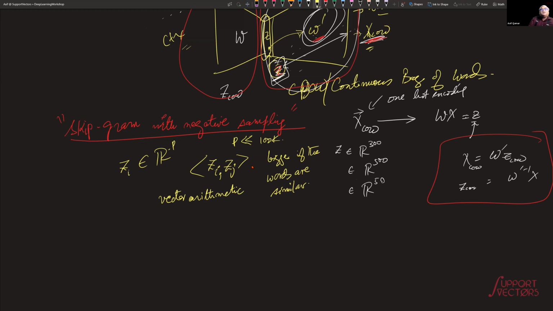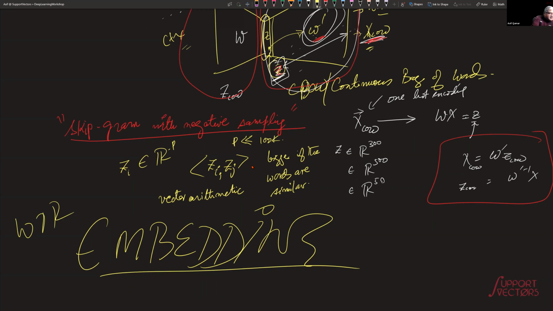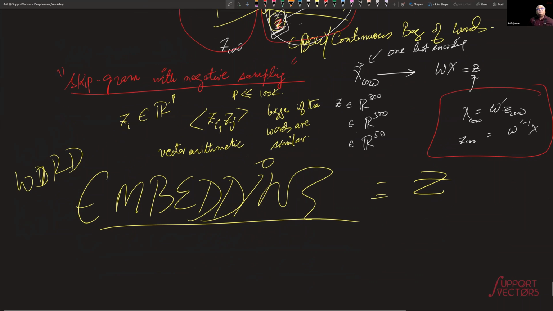So the Z for those two words, the latent representation, or the word I'll now use is embedding. The word embedding is Z. The Z that comes out for each of the words shows a very interesting relationship. Two words that are close to each other will have a good dot product, and two words which are unrelated will have close to zero dot product.